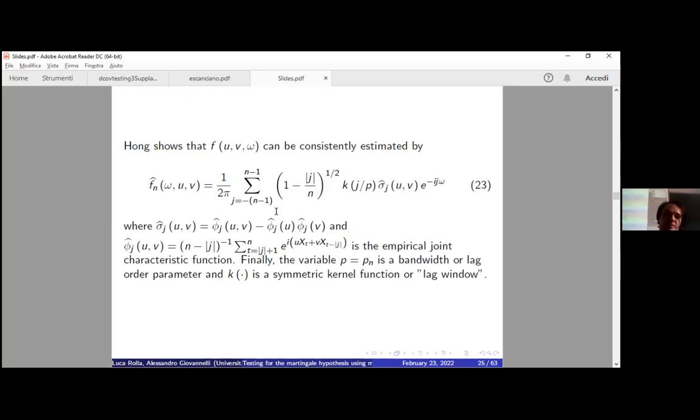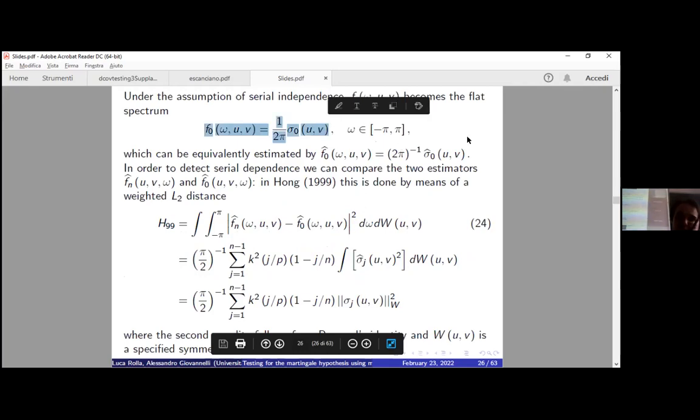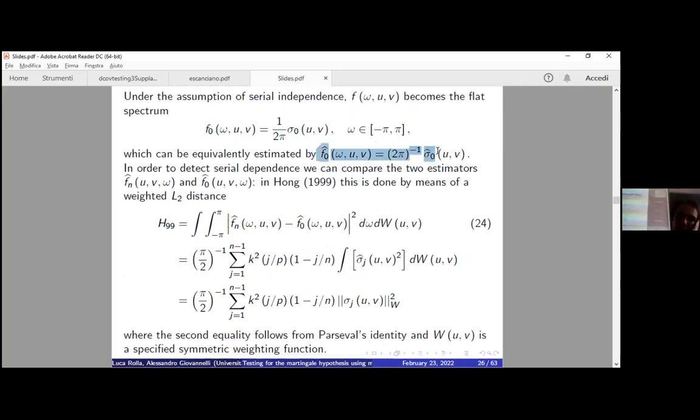Basically, under serial independence, the spectrum becomes a flat spectrum, which has this definition here. This is the sample estimator of the flat spectrum. Basically, what Hong does is to compare the definition of the flat spectrum and the regular spectrum, and he does it in this form of distance.